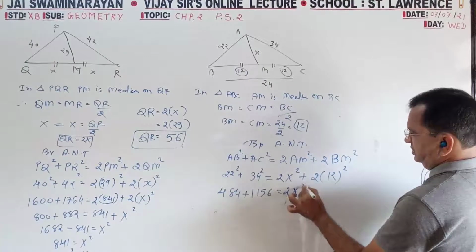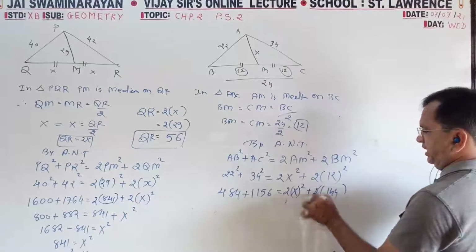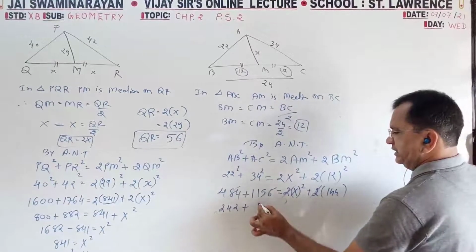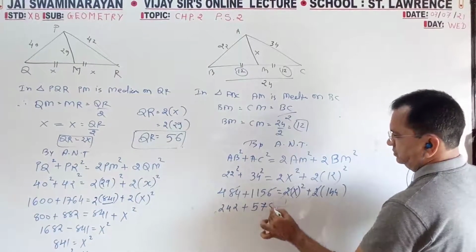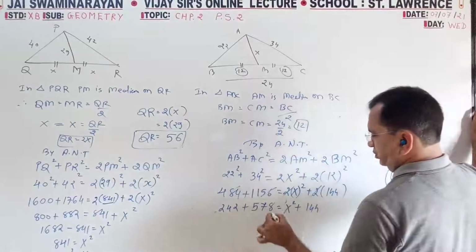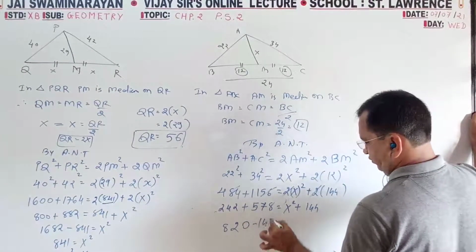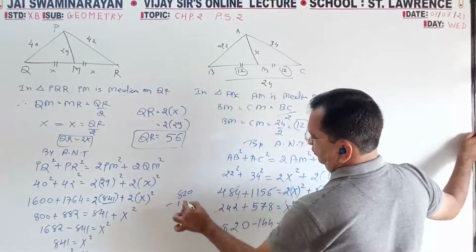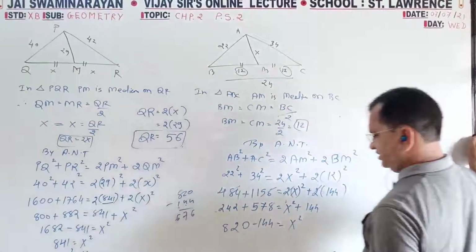So 2x square, 2 times 12, 144, half, 242. Correct? X square plus 144. Total, this 0, 12, 8 minus 144, that is x square. So 820 minus 144, so 676.